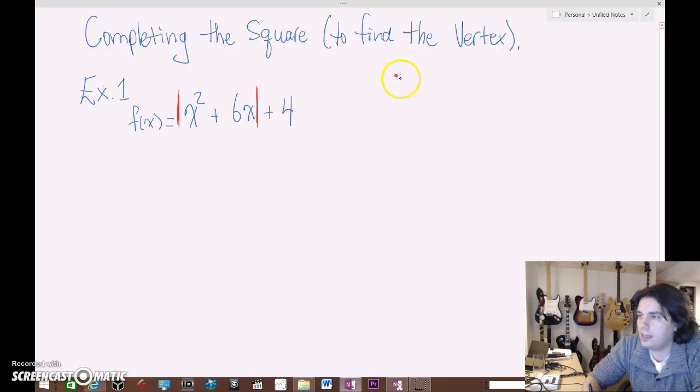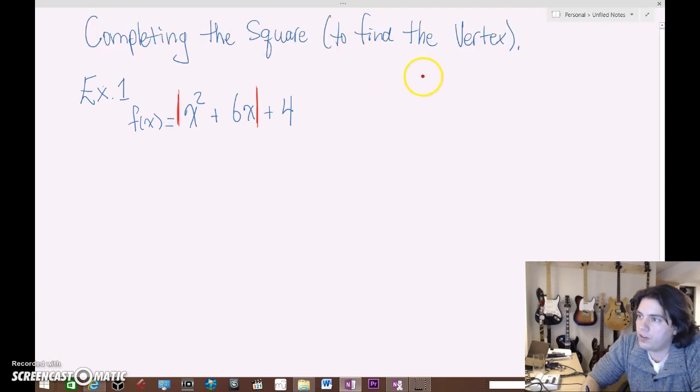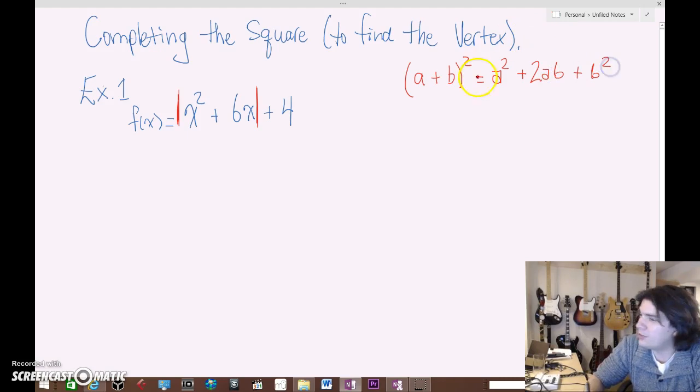So the thing that you need to keep in mind, and the thing you need to know to answer any of these, is that any perfect square, so any factor that's squared, a plus b, you'll have to remember will always give you a squared plus 2ab plus b squared, just like that.